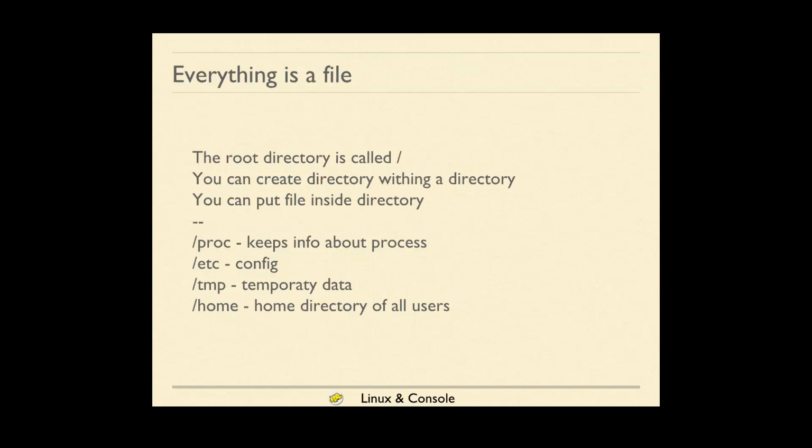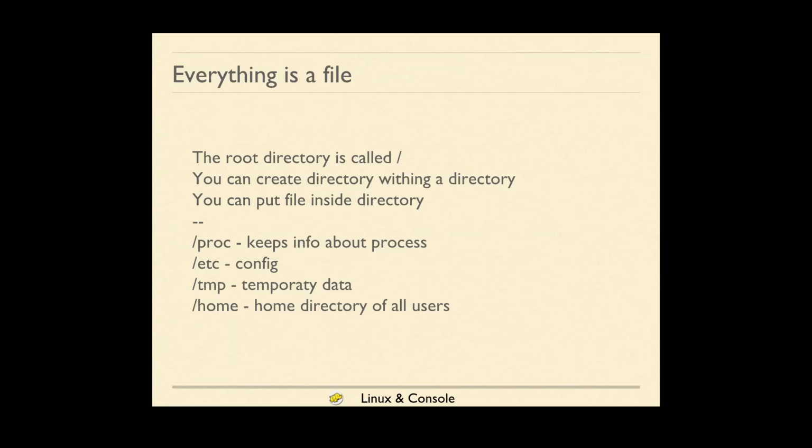Just like in Hadoop, HDFS is very important, similarly, to learn about Linux, the most important thing to understand is the file system. File system starts with a root directory called slash. And inside slash, you can create directory within directory, and you can keep on creating files inside directories. Not files inside files, sorry, only files inside directories.